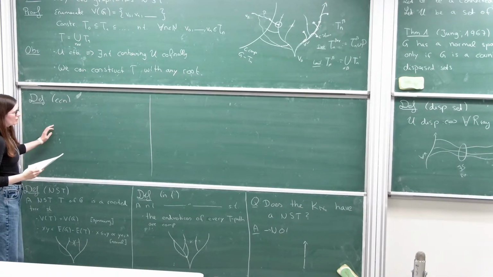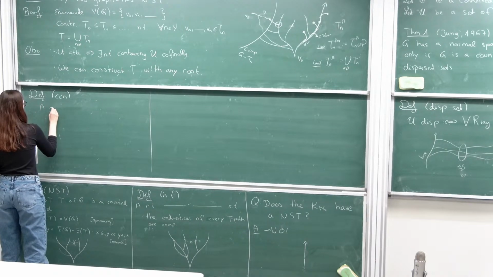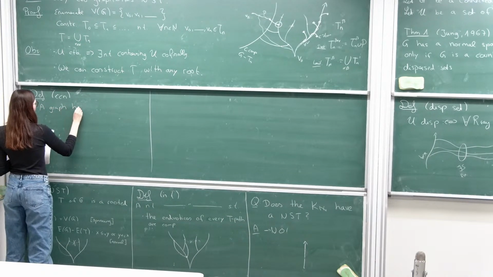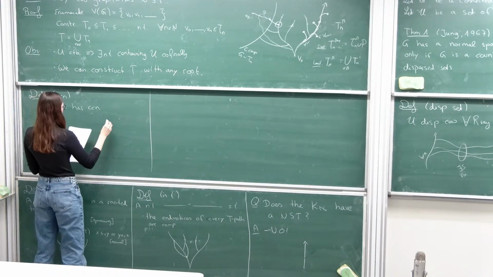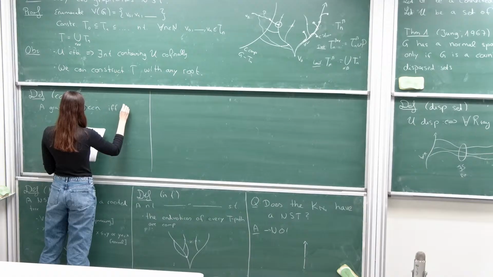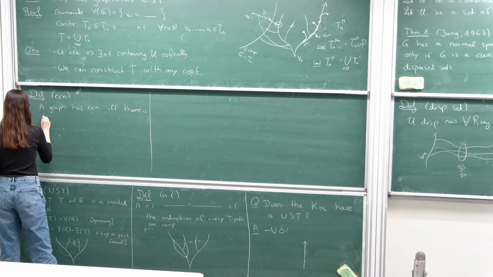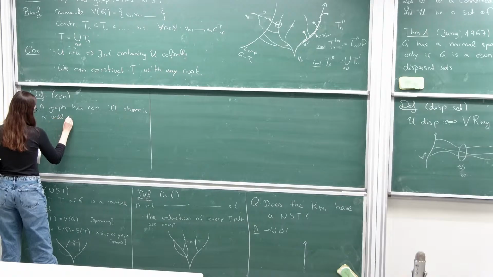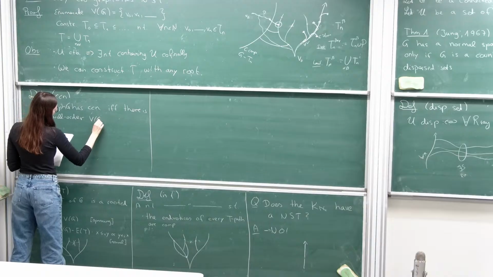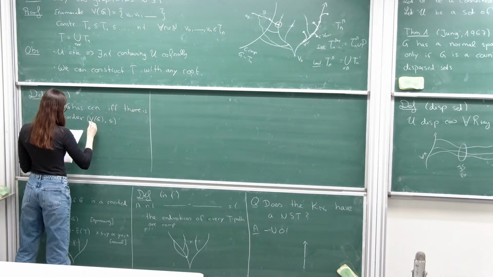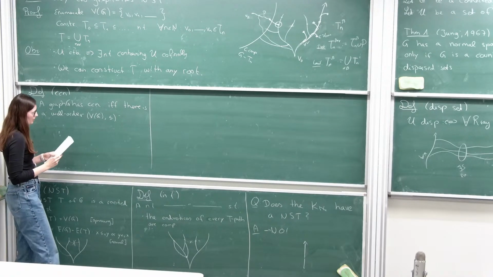So I say that a graph has countable coloring number if there is a well order of the vertices of my graph with the following property.